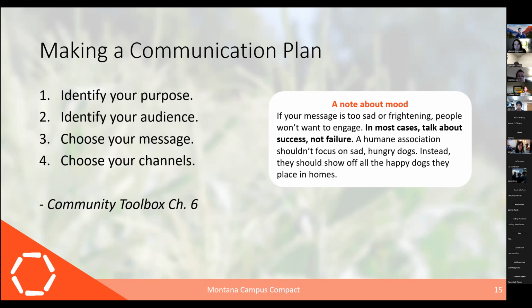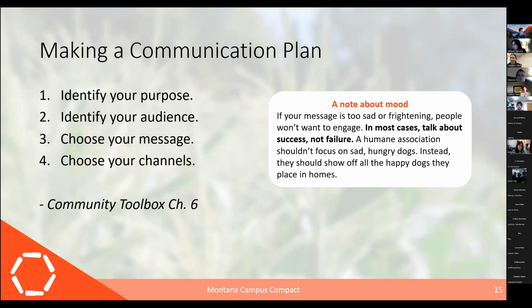But you do need to frame it in a way that people are going to be interested. It goes to this idea about mood. You want to be talking about positive things, about success, and ultimately why you're doing the work you're doing, and how the people you're trying to communicate with can have a positive impact in that area, and on that unaddressed need you're trying to deal with.